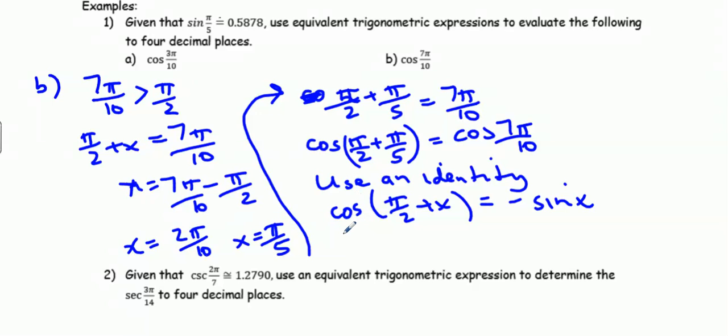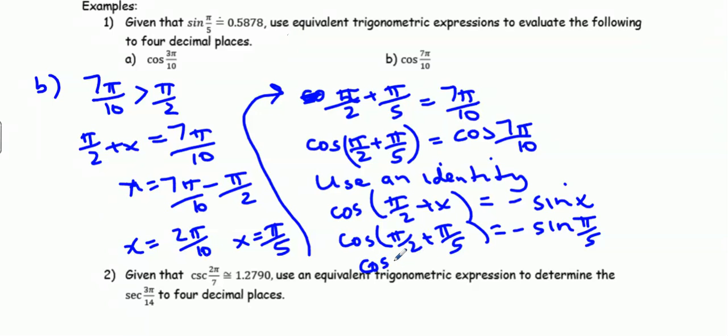We're going to say the cos of pi by 2 plus pi by 5 then. If this is my x, pi by 5, that's going to equal minus the sine of pi by 5. I know what the sine of pi by 5 was. I was given that value. So the cos of pi by 2 plus pi by 5 in brackets is equal to minus 0.5878.